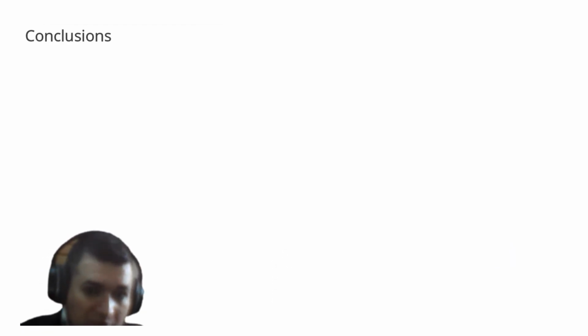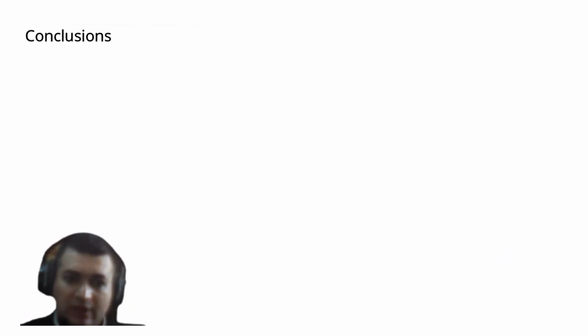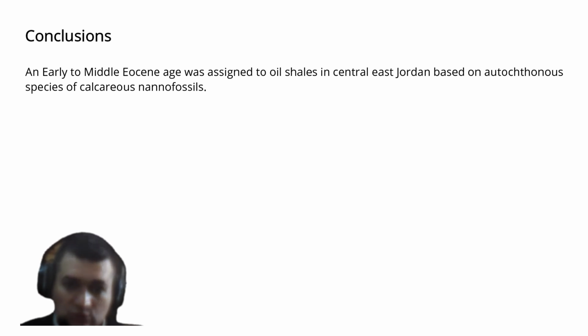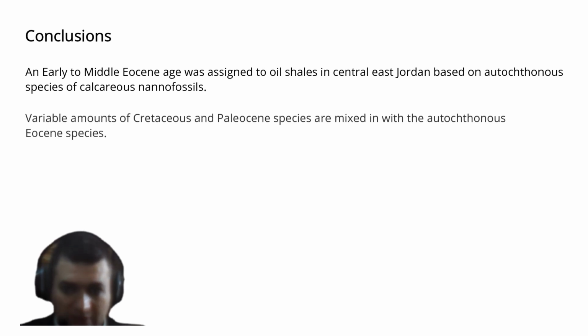From this understanding, we found that the Middle Eocene was a time of activity in Jordan due to tectonic events, and we found autochthonous and allochthonous species within the basins. By counting the amount of Cretaceous and Paleogene species mixed in with the autochthonous species, we can understand the actions that happened during the Middle Eocene and the tectonics of the area.